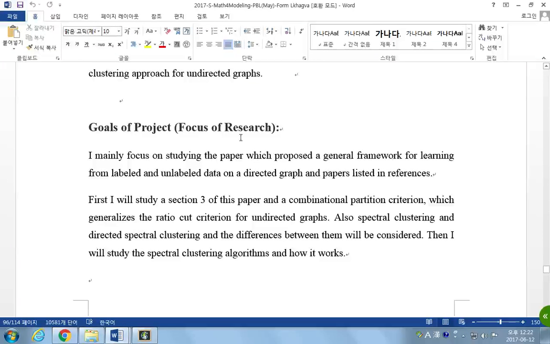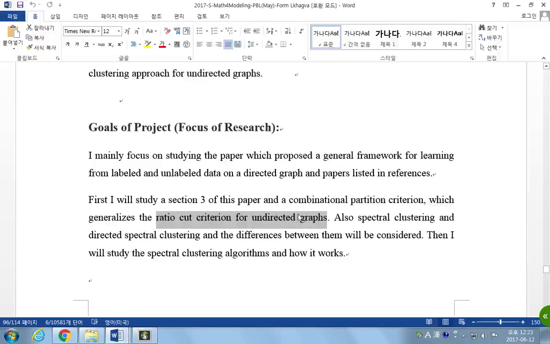I mainly focus on studying this paper, which proposes a general framework for learning from labeled and unlabeled data on a directed graph, and papers listed in references. First, I studied section 3. These parts I already introduced, and next I will study ratio cut criterion for undirected graphs.